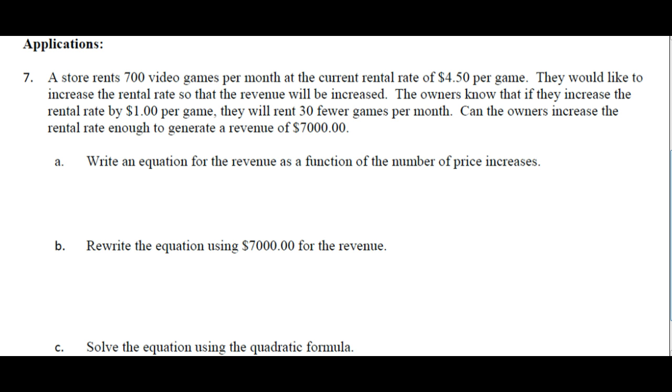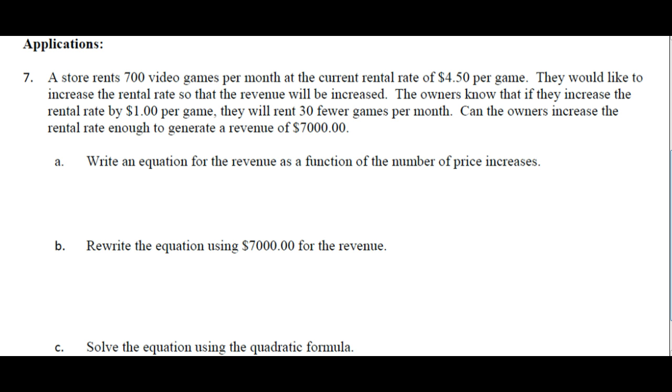Okay, anyway, a store rents 700 video games per month at the current rental rate of $4.50 per game. They would like to increase the rental rate so that the revenue will be increased. The owners know that if they can increase the rental rate by $1 per game, they will rent 30 fewer games per month. Can the owners increase the rental rate enough to generate a revenue of $7,000?